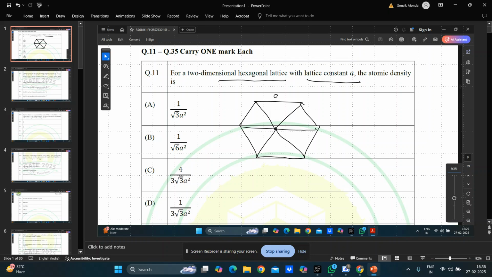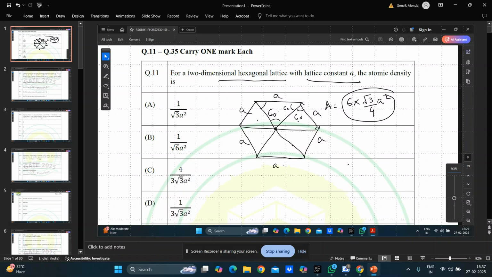All these sides have length A. If you know the two-dimensional hexagonal lattice, these are all equilateral triangles, so all angles are 60 degrees. There are six equilateral triangles in total. So the total area of this configuration, if A is the lattice constant, is 6 into root 3 by 4 A square, right?